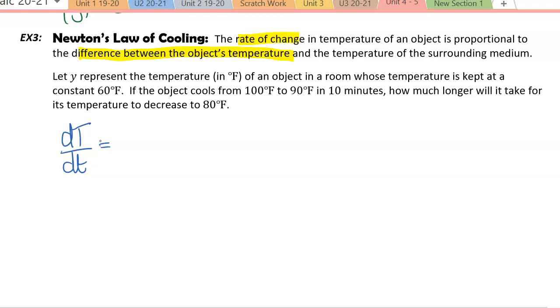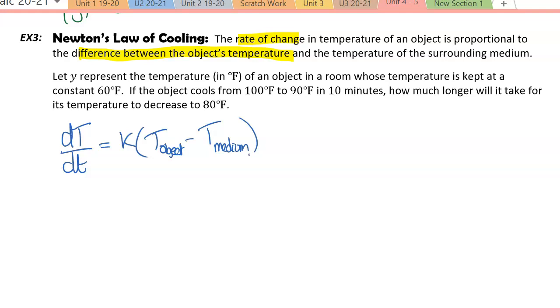Differentiating temperature in terms of time is proportional to the difference, so it's k times the difference between the temperature of the object minus the temperature of the medium, like the air, usually. Okay, so there's our equation, super important, got that down.